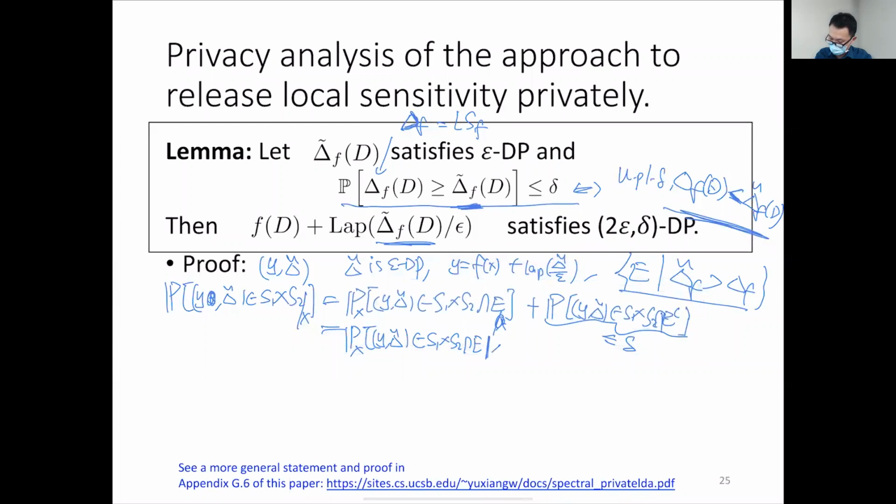So we'll condition on delta tilde, and if we condition on this, then we can get rid of all these, right?